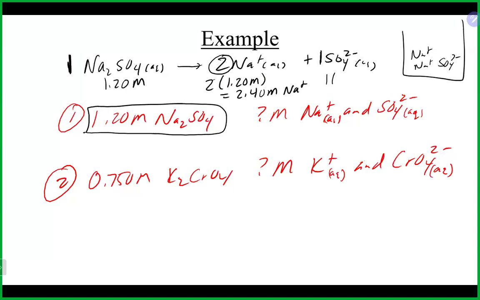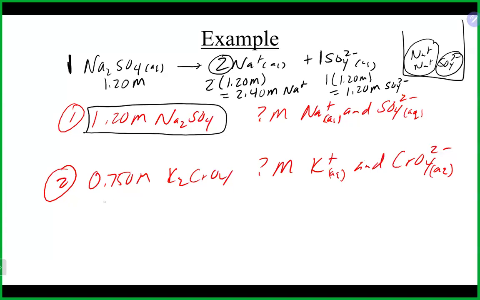We would take 1 times 1.2 molar, and that's going to give us 1.2 molar of the sulfate ions. As you can see here, you get basically a 2-for-1 deal. You get twice as much sodium in that solution for every sulfate. So the concentration of sodium is twice that of sulfate in here. Any questions on that one there?